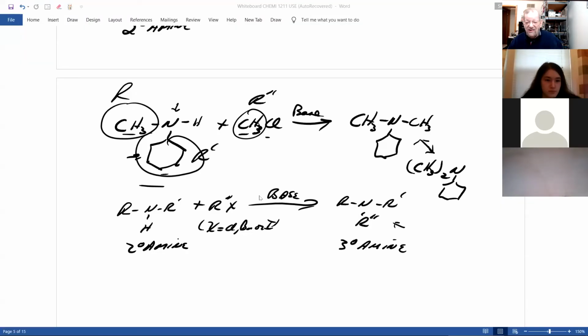Let's look at that molecule you just made. Now, this molecule, which is dimethylcyclohexylamine, has a trade name. It's called Polycat 8.